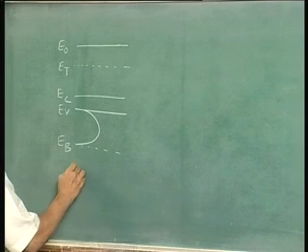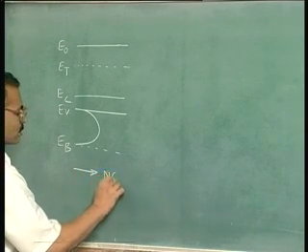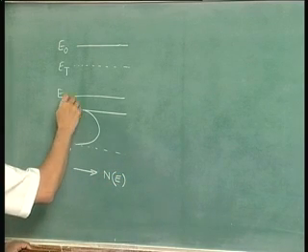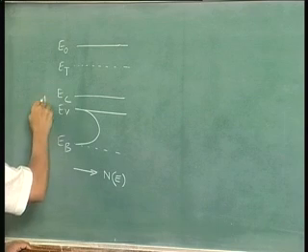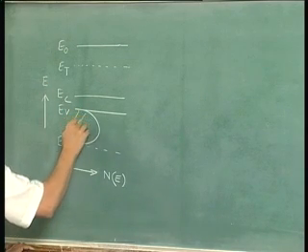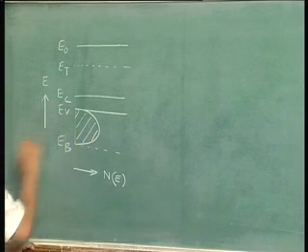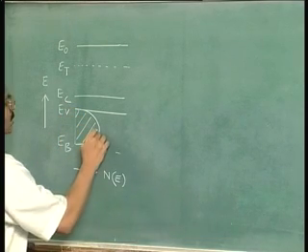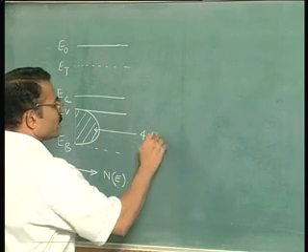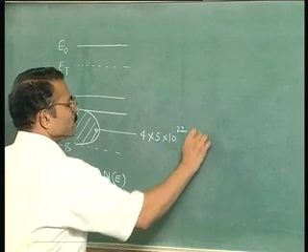That is the function Ne. And this area indicates the total number of states in the valence band, and that is 4 valence electrons for each of the 5 into 10 power 22 silicon atoms per centimeter cube.